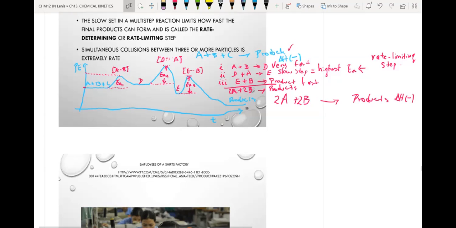Even more, let's say the rate law for this is rate constant times concentration of A. Experimentally.